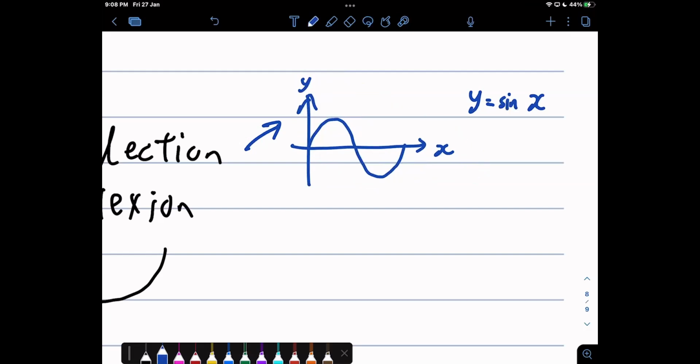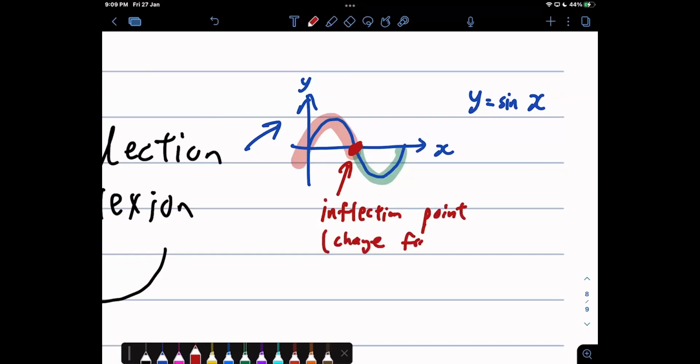Okay, so at this point, can you see it goes from this part, which is like a sad face, to that part, which is a happy face? The point where it changes is known as an inflection point. Change from happy to sad, or the other way around.